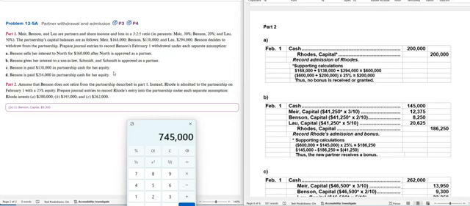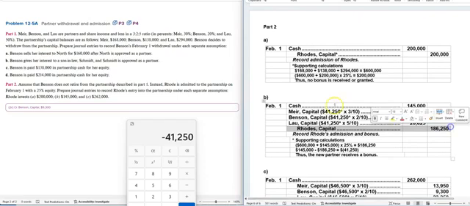Total equity is $745,000. 25% of that is $186,250. That is the amount that will be recorded into Rhodes' capital account, $186,250.